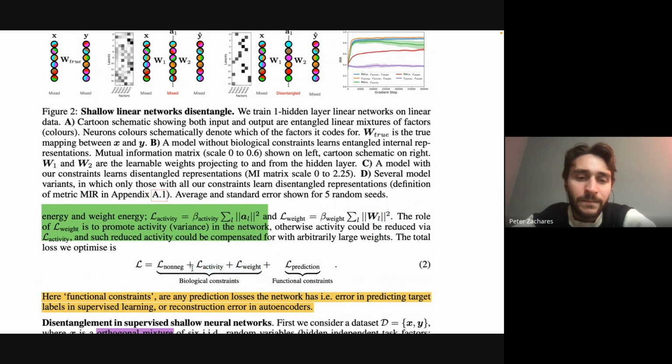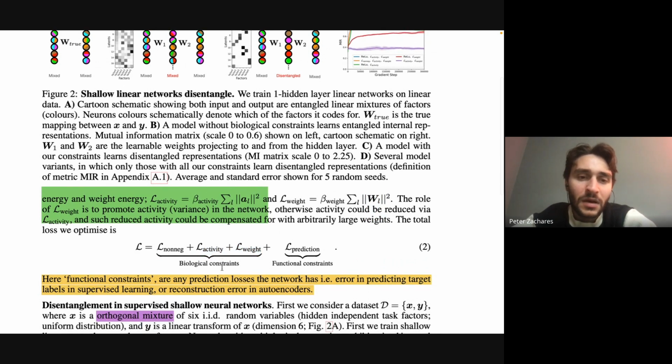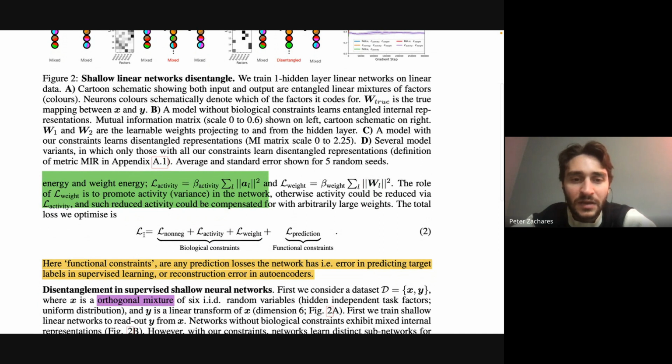And so the loss that they train a model with would be the non-negativity term, or they'll use ReLU, plus minimizing activations, minimizing weights, and then whatever the actual prediction goal is, what you're trying to actually predict.